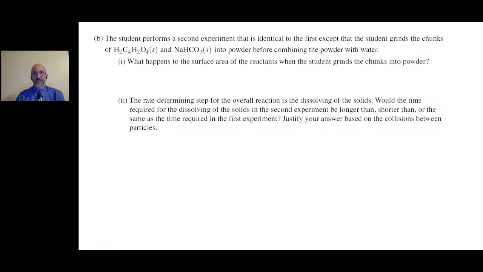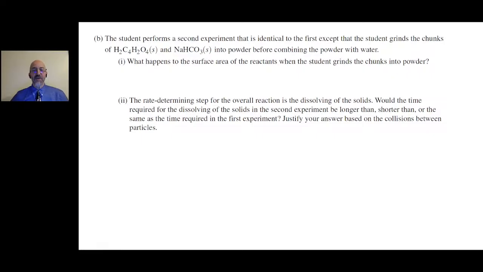So think about the fact that if it was a cube or large chunks, then there's only so much surface area exposed to the liquid. But the fact that it's ground up into a powder, there's tiny particles, increasing the surface area is all they wanted. And then it said, would the time required for dissolving of the solids be longer, shorter, or the same? So it's actually about the time. The rate would increase, but it's going to be a shorter time.